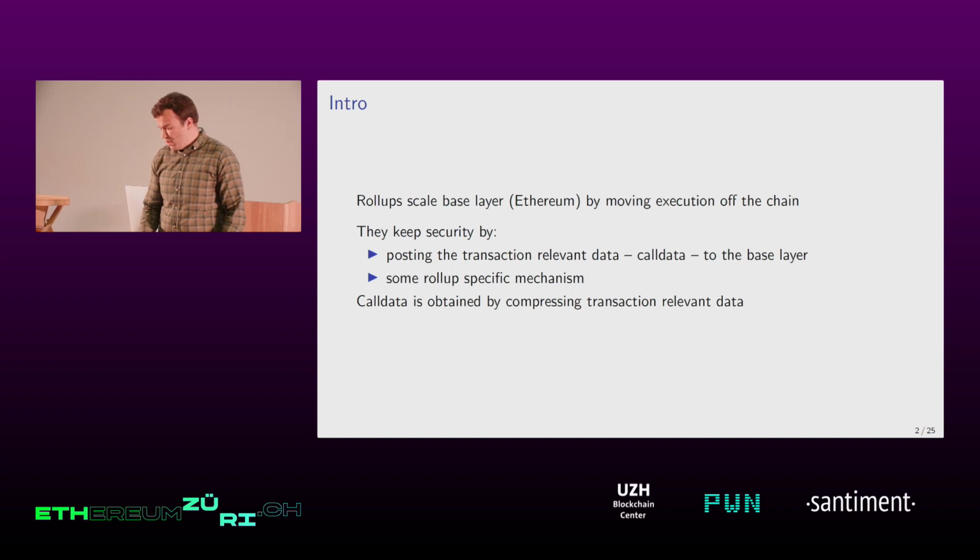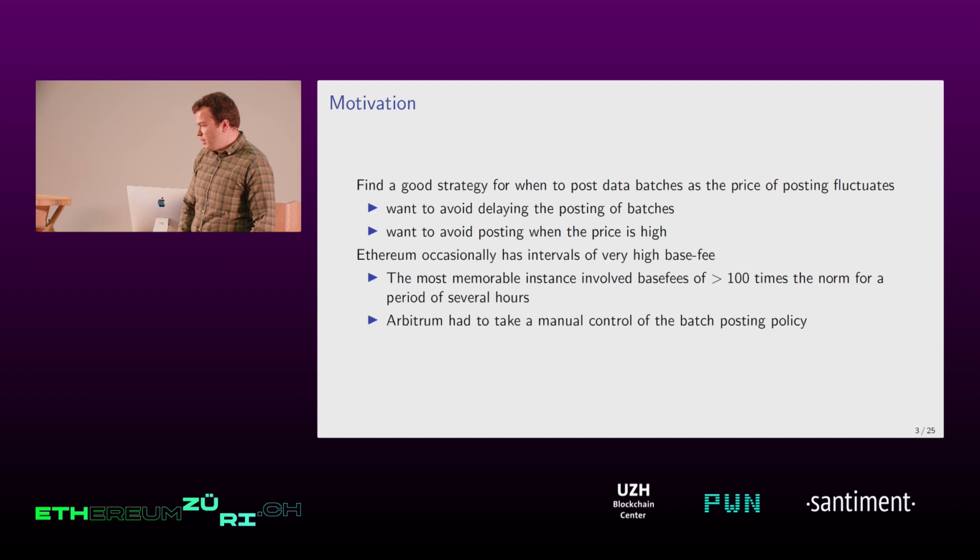So here we are solving the problem of posting call data at the right time. As you saw in the previous presentation, I think there was a slide where the Ethereum base fee rises very quickly and very high, but it doesn't last forever. It lasts for a few hours, maybe at most.